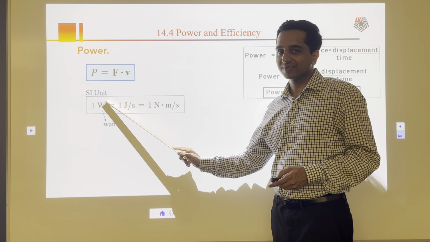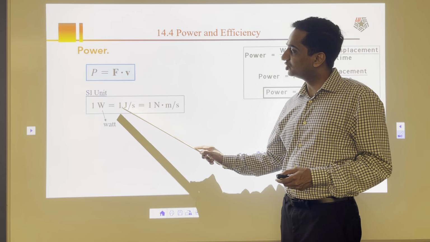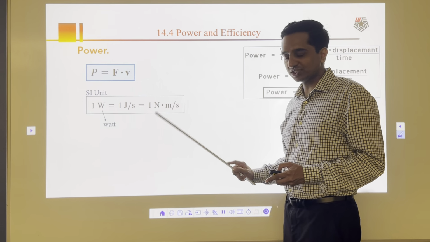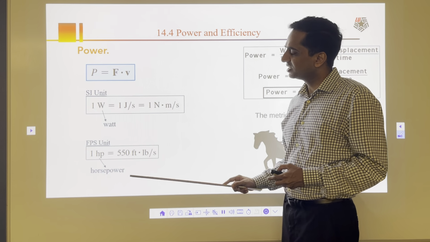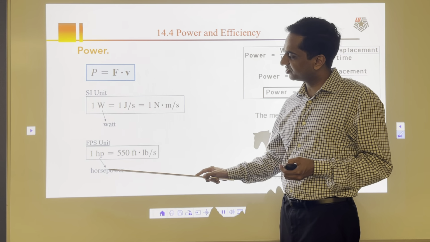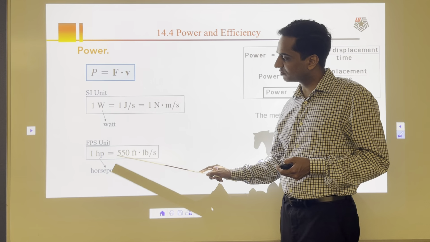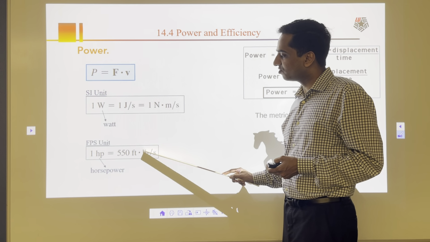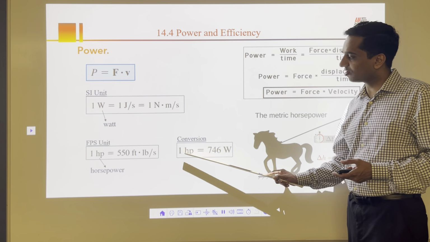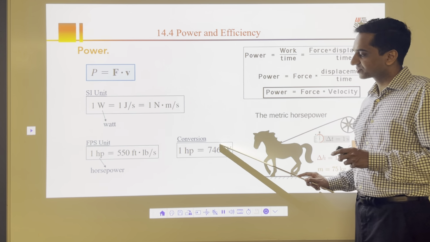The SI unit for power is watts, or 1 joule per second, or Newton meter per second. Another unit normally used in the past is horsepower. 1 horsepower is 550 pound-foot per second, or in conversion, 1 horsepower is 746 watts.